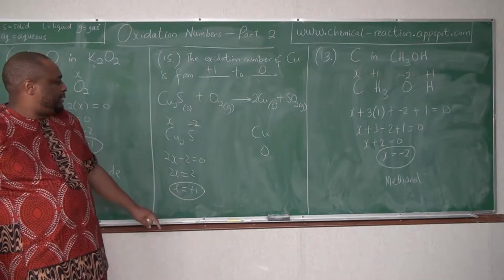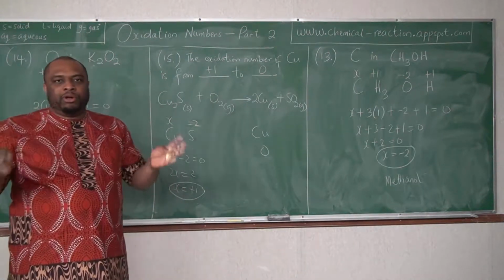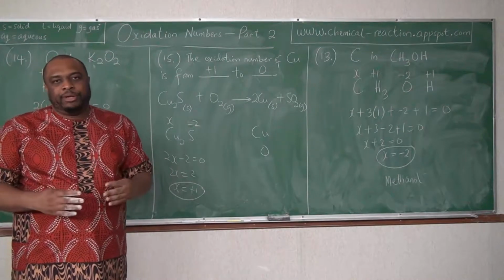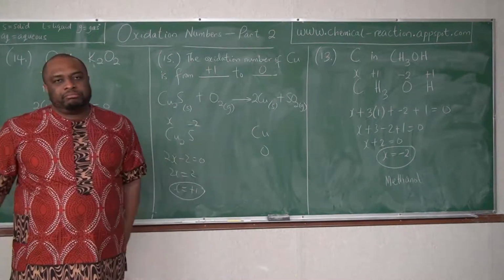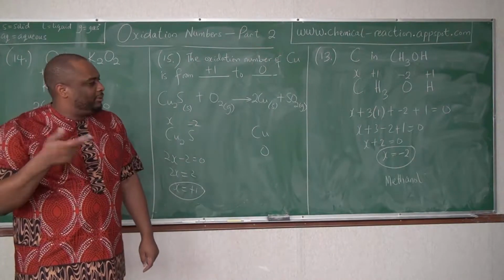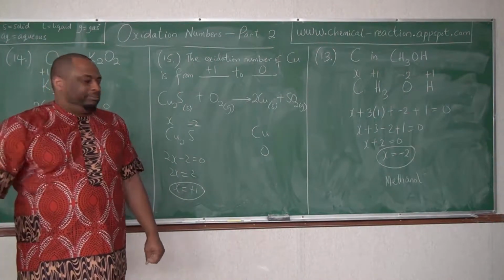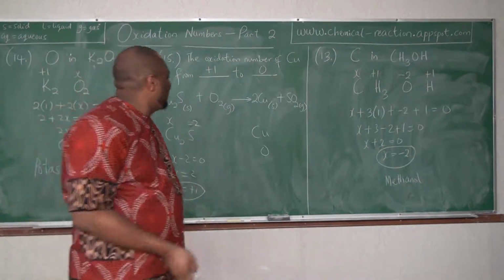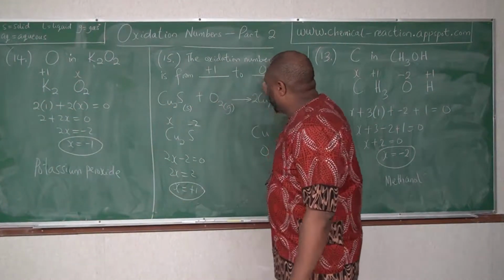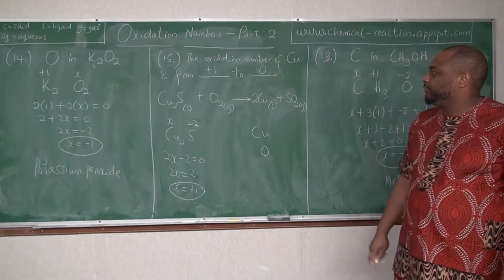That is what it means. When we do the mole concept and stoichiometry, you have to watch out for that video. We solve a lot of problems, it's not difficult. I thank God for talent. So this is from plus 1 to 0, that's the change.